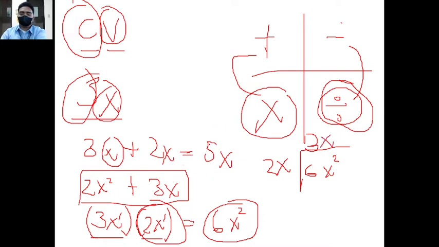You're going to have 3x. Why? If you're going to divide 6 by 2, what will happen? It will become 3. And if you're going to divide x squared by x, what happens to the variable? The power of the variable subtracts, so they have the operation of subtraction.